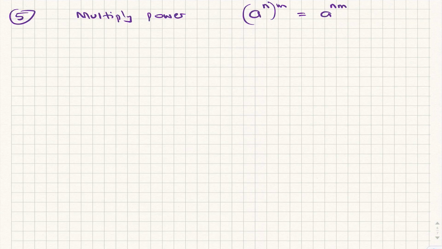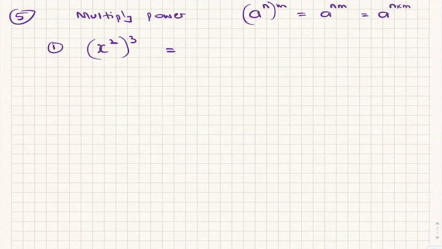Multiplying powers. So now this is with the powers, we just multiply the powers in this case. So that's an example. a to the power of n, in brackets, to the power of m equals a to the power of n times m. So I've got a few examples for us to do. Example number 1 will be x squared to the power 3.